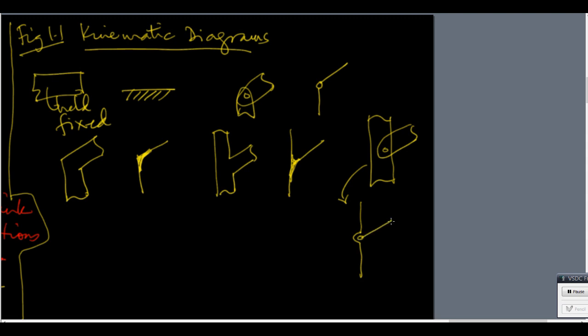Okay, if this one has a prismatic pair, so that means we can sketch it like this. We can say this is one body. See, this is one body, and then over here inside that slot is body 2. Body 2 slides like this.